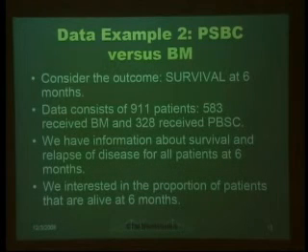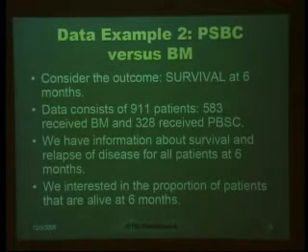So let's look at survival at 6 months in this example. I have a real data set of 911 patients, 503 received bone marrow, and 328 PB. We have information about survival and relapse of disease.